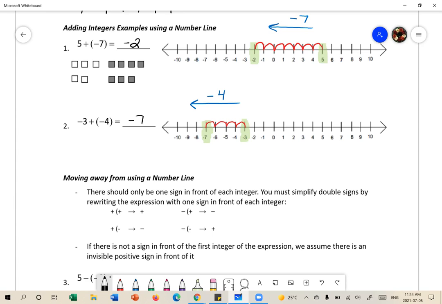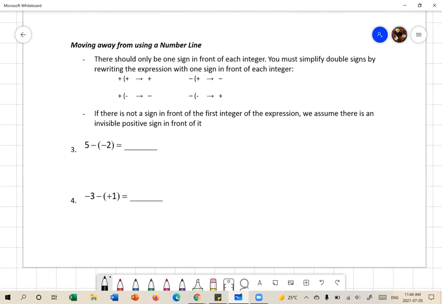In grade 9, we move away from using a number line. So a lot of this simplification of integers occurs now in our heads. You can still imagine the number line in your head, but I'm going to encourage you to move away from the number line and algebraically simplify these integers.